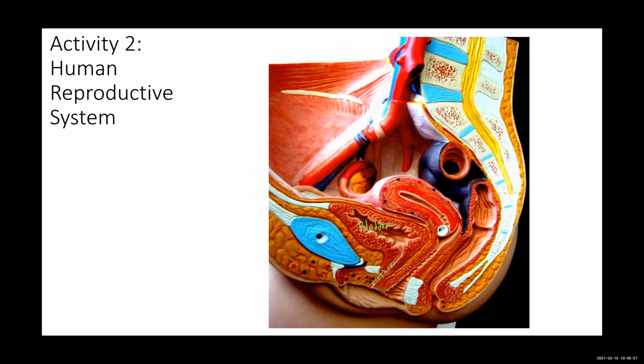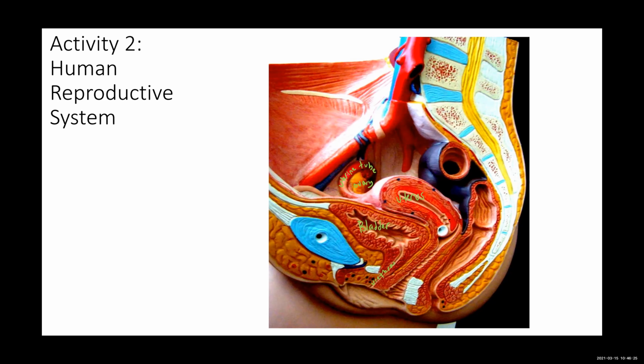Up here, we see the gonad, which is called the ovary. And then we have a tube called the uterine tube. This has several names. It's also referred to as the oviduct or fallopian tube. The uterine tube will carry that developing embryo actually to the uterus.